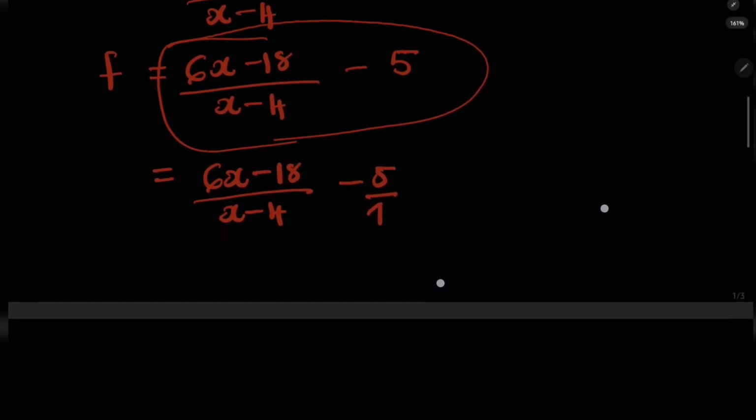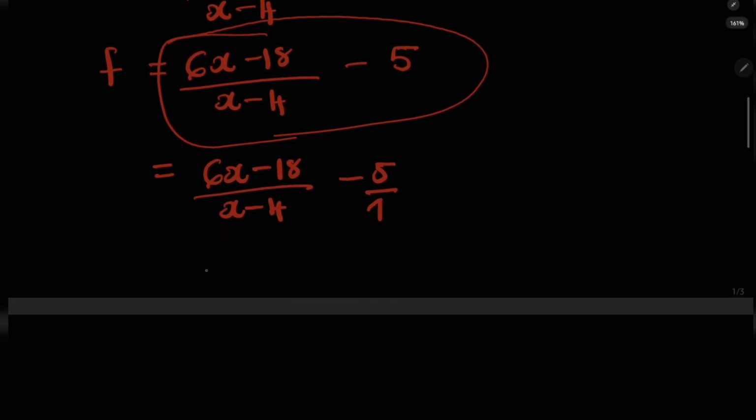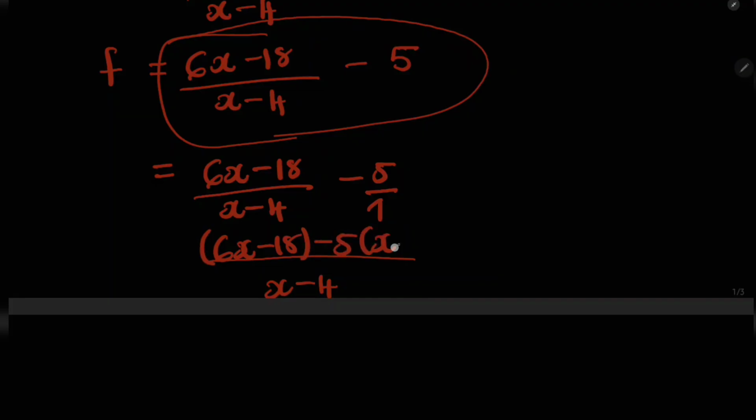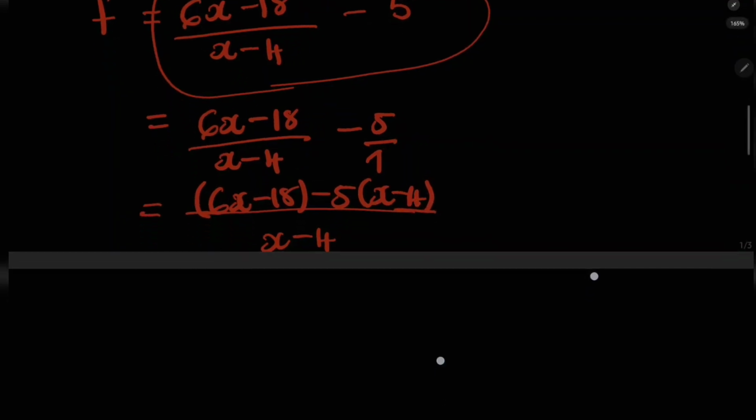Now we look for the LCM. We take the LCM, which is x minus 4. So there we are going to have 6x minus 18 minus 5 into x minus 4. Yes, that is what it is going to be.